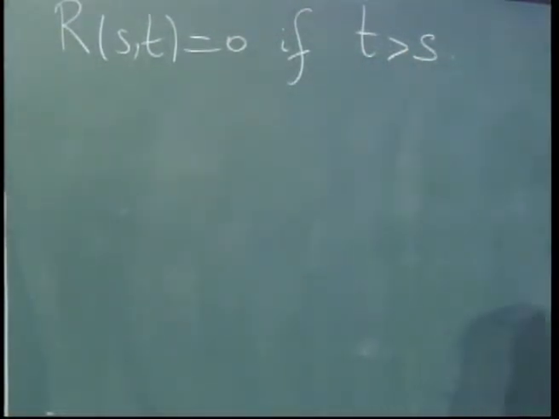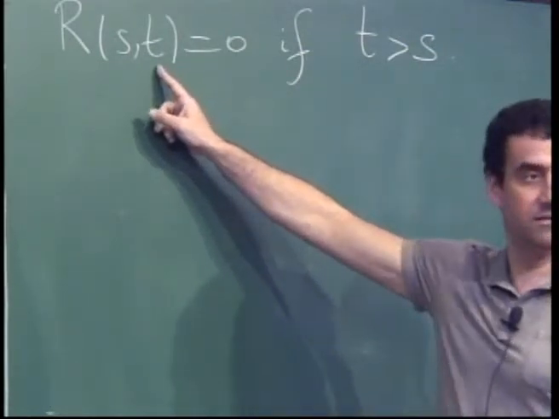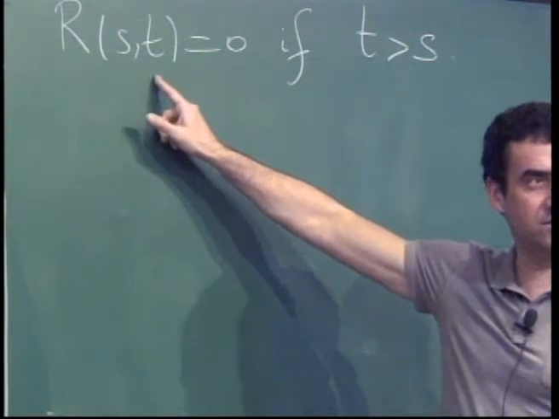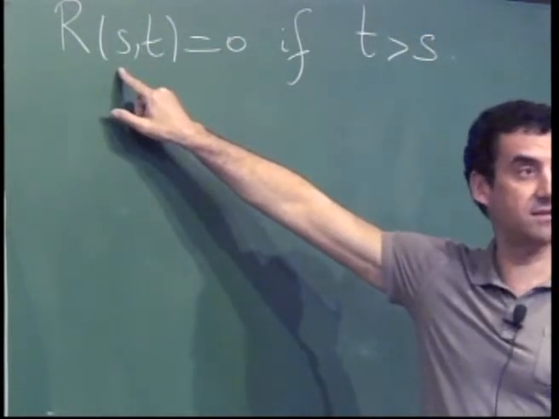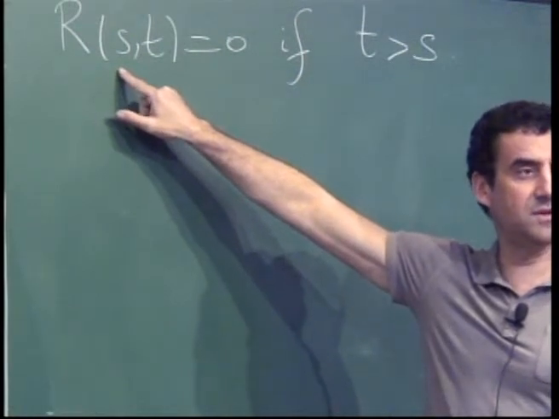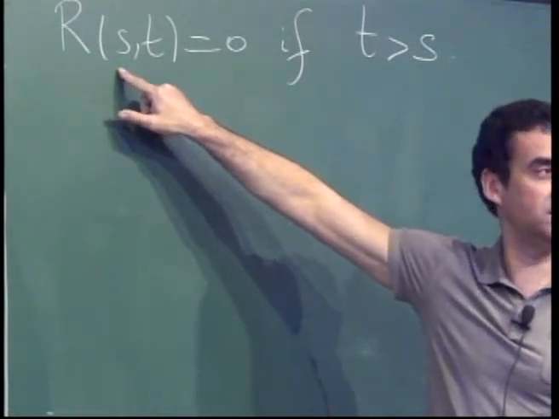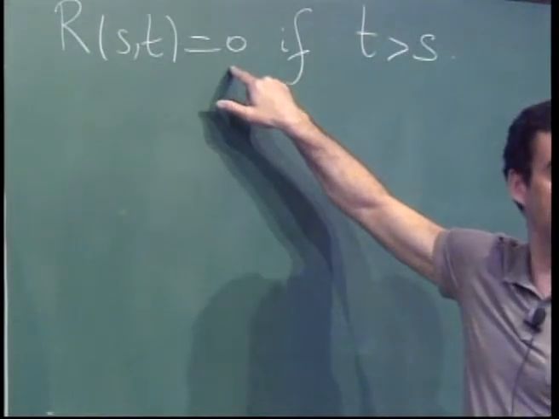So let me explain what this means. This is supposed to be a response function. So if you excite the system at time t, this is when you excite the system, and you try to look at the response at time s, and you look at the response at a time before you excite the system, of course you get no response.